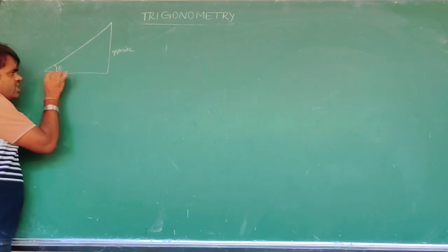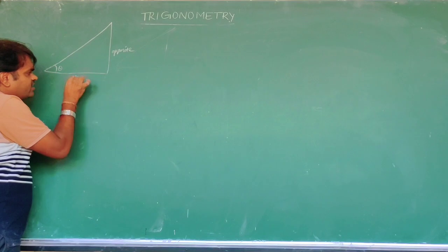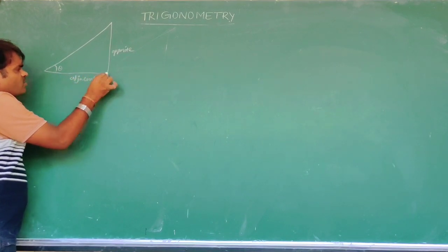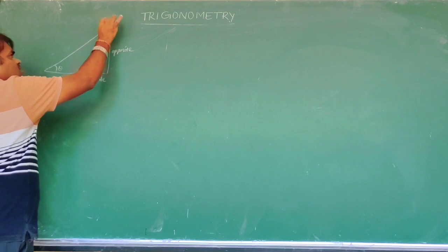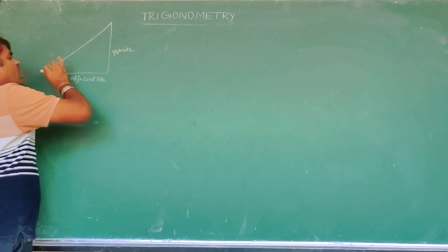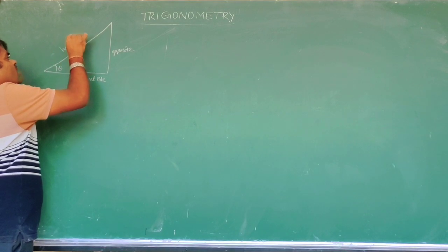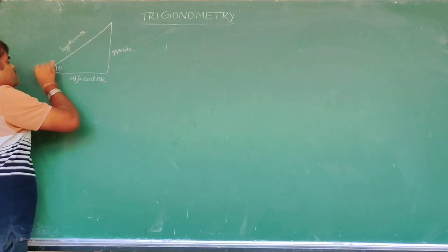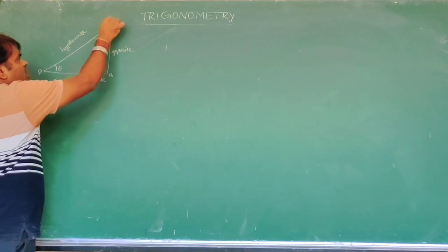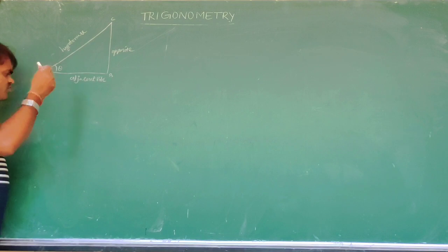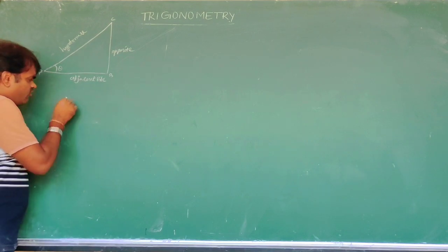The side adjacent to the angle is the adjacent side. The longest side is called the hypotenuse. Now here we can define the first trigonometric ratios.